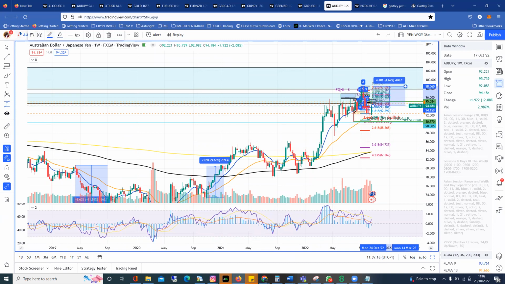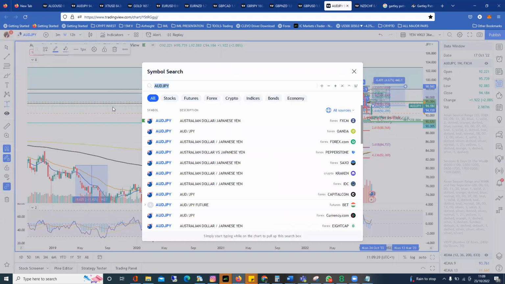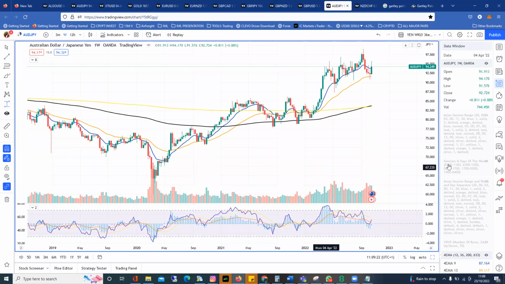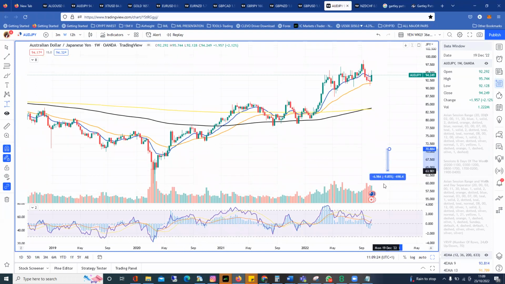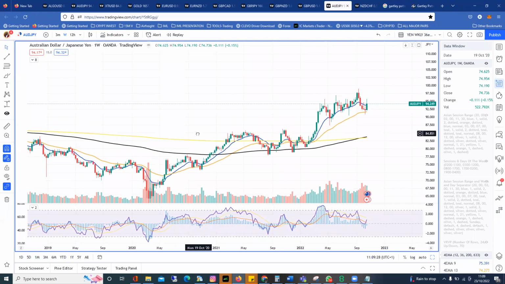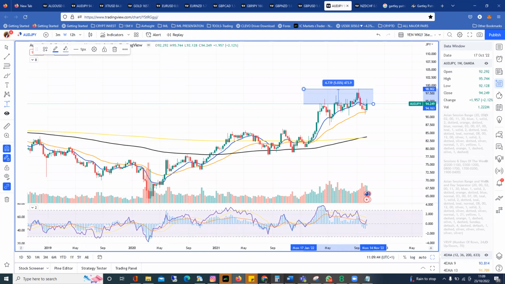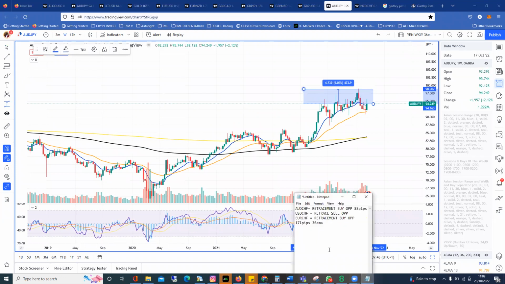Okay, so I'm going to choose another Aussie yen, which I haven't done so much jargon on. If I look at the potential for this trade, it's going to be here, let's say to this high, at the maximum, to start with. So the potential for the Aussie yen in the new week is about 473 pips. So Aussie yen.